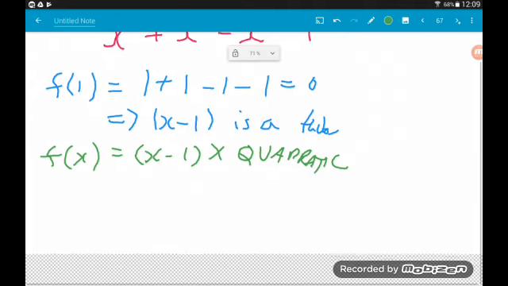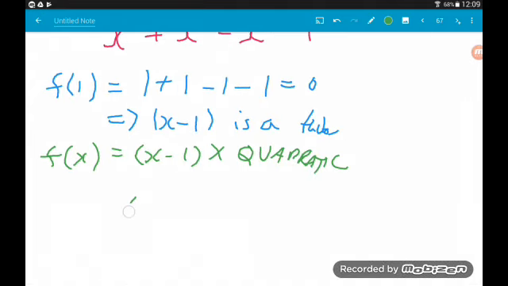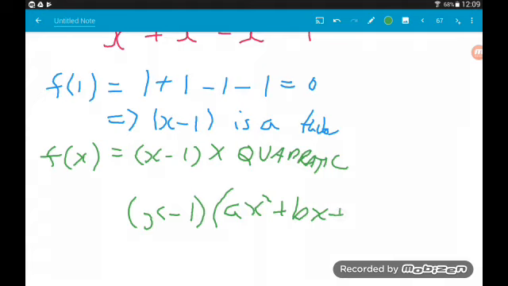We are going to call that ax squared plus bx plus c. What we now need to do is find the values of a, b and c. So a and c are quite simple, b a little bit trickier.